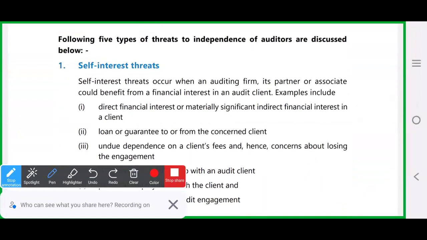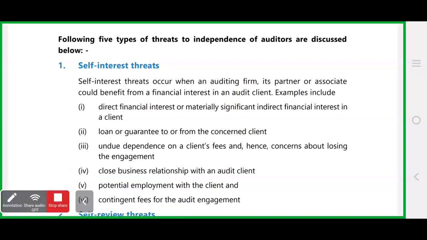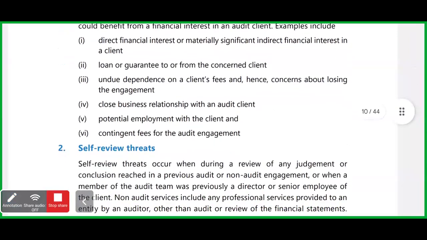Self-interest threat occurs when an auditing firm, its partner or associate, could get some financial interest in the audit client. Example, a direct financial interest or materially significant indirect financial interest. So the auditor is getting some financial gain from the client.